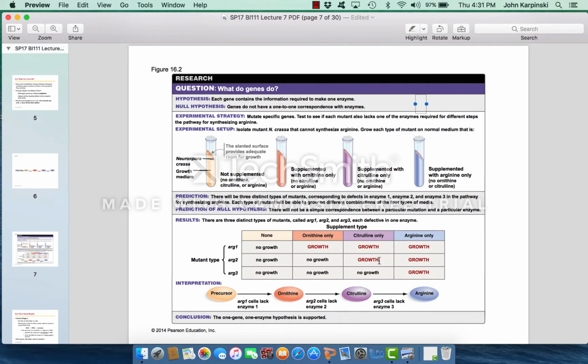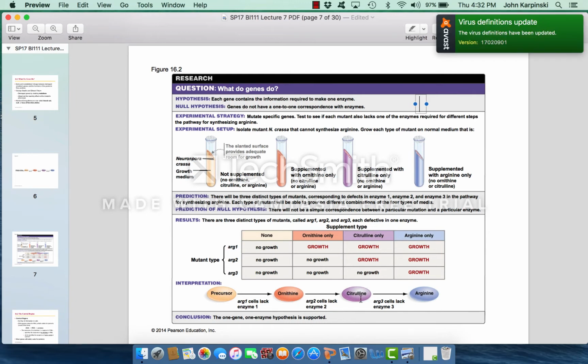So we have growth there, but we didn't have growth with ornithine because that would indicate that there's a mutation in enzyme number 2. Okay? So if enzyme number 2 is not working, then even if ornithine is present, we're not going to go from ornithine to citrulline.